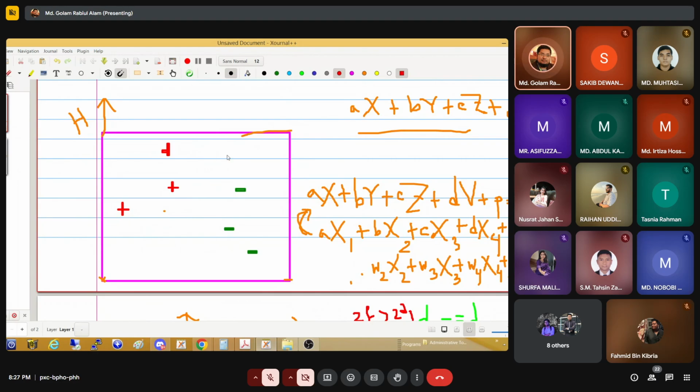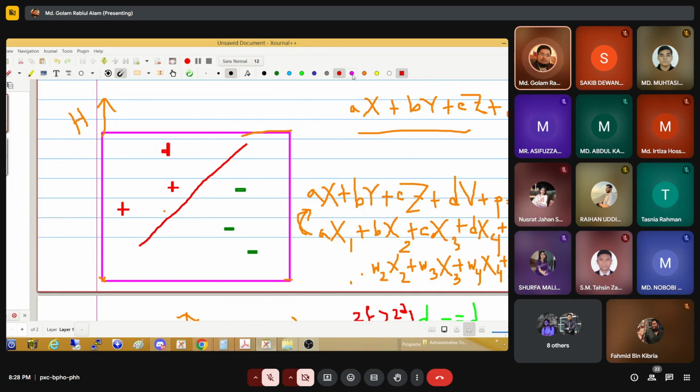So why do we need to maximize the margin? Yeah, why do we need to maximize? Okay, so let's say we have a hyperplane. This one is the hyperplane. We train our model, and finally we got this one hyperplane.